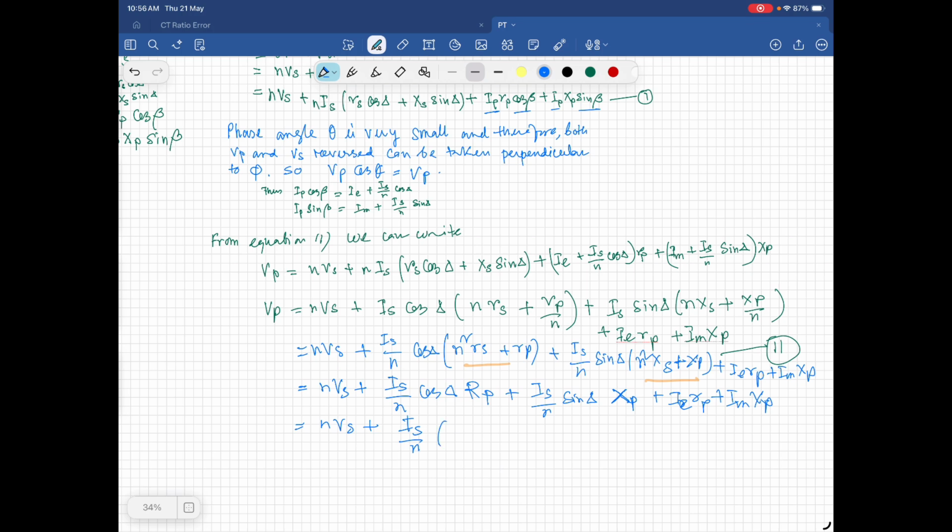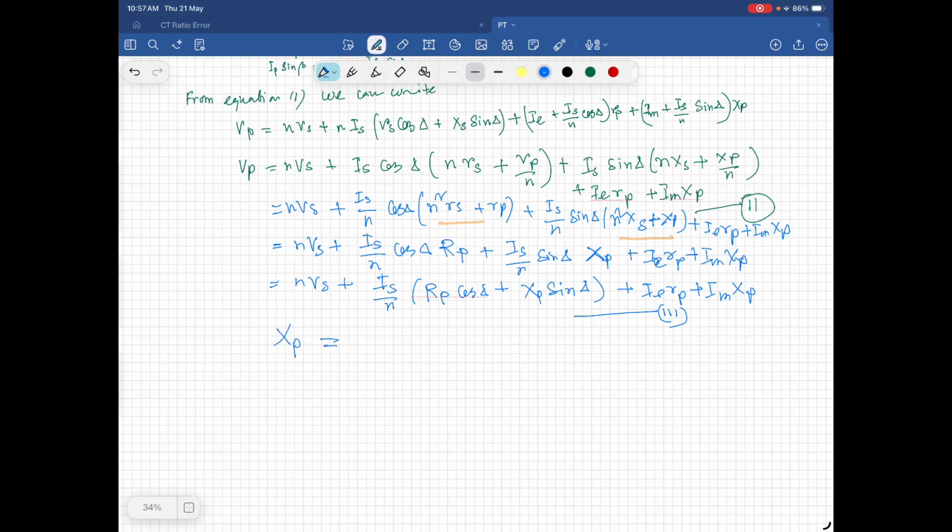So this is equal to NVS plus IS by N RP cos delta plus XP sin delta, plus IERP plus IMXP. So this is equation 3.